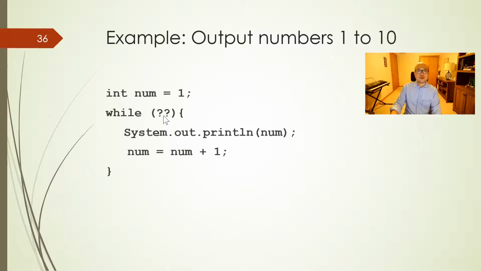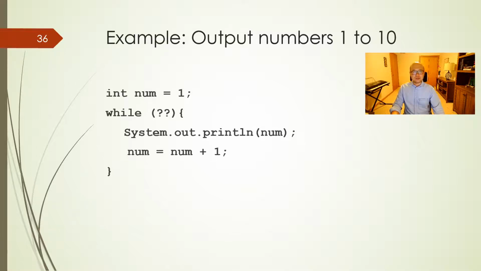Think about it: what would be the correct logic expression for printing numbers from 1 to 10? Usually when you try to determine the logic expression, you need to ask yourself when to stop. Since we want to print until 10, when num is greater than 10, we need to stop.